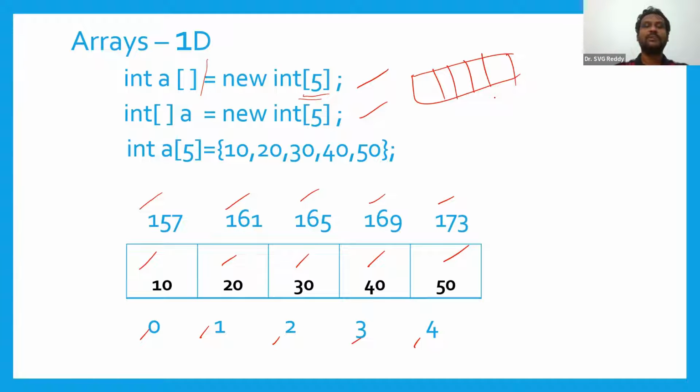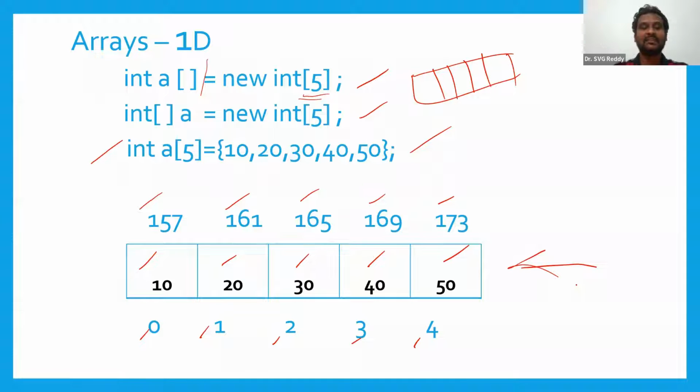That's all. But if I want to initialize some values, if I want to enter some values in the array, I can do it with this statement: int a[5] = {10, 20, 30, 40, 50}. Then the array is something like this.